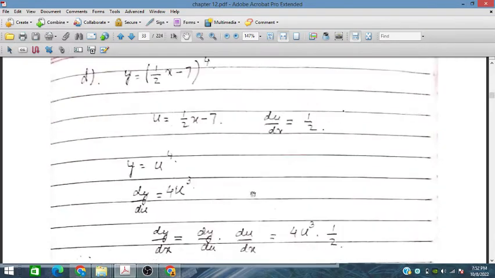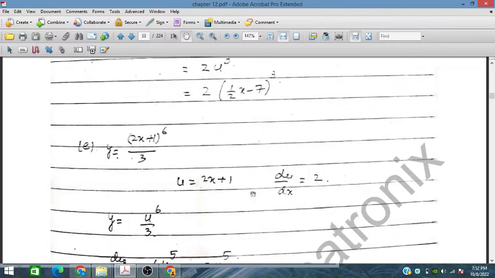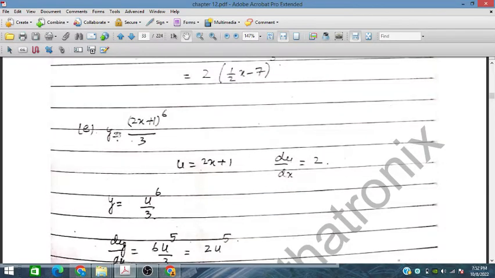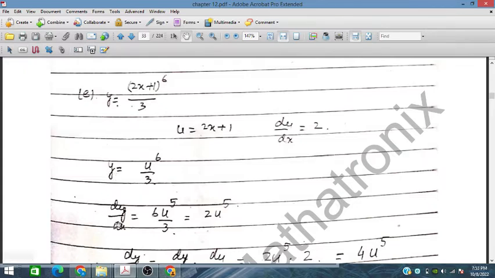Let's move to E. Here we have y equal to 2x plus 1 to the power 6 divided by 6. We consider u as 2x plus 1, so y becomes u to the power 6 over 6. So du by dx is equal to 2, and dy by du is u to the power 5.